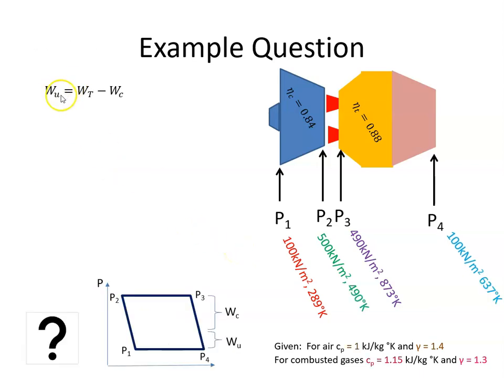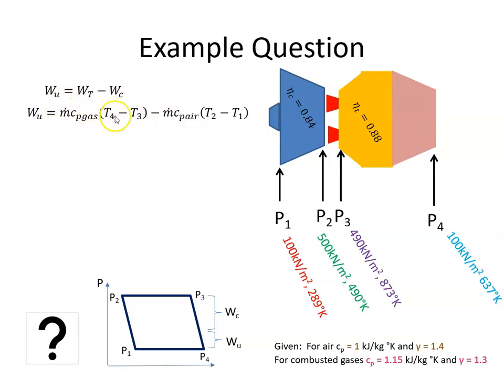Right, so the useful work is the work in the turbine minus the work in the compressor. So we're told that the useful work, the work on the turbine is the mass times CP gas, T4 minus T3, and for the compressor it's T2 minus T1.